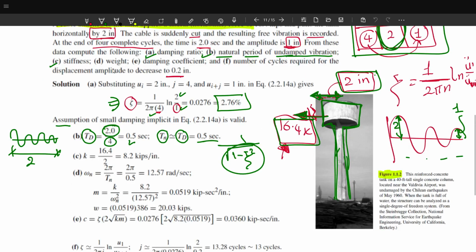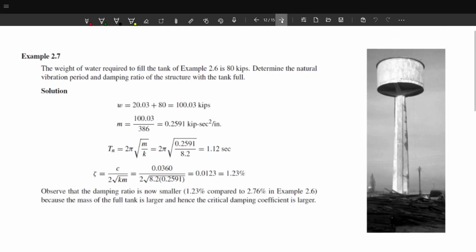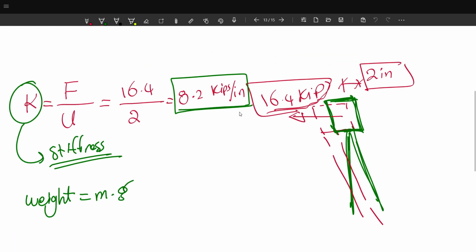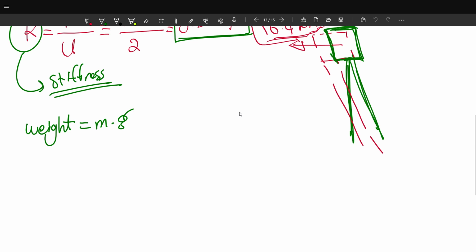So they wanted the weight of the system. In our case, for the weight, it equals the mass times the gravitational acceleration, right?